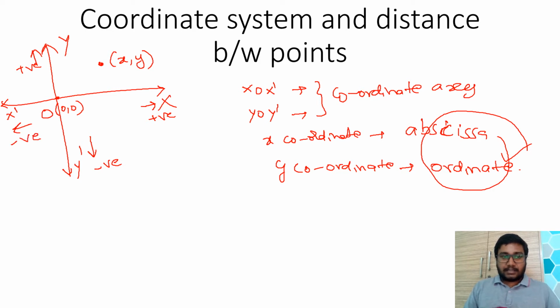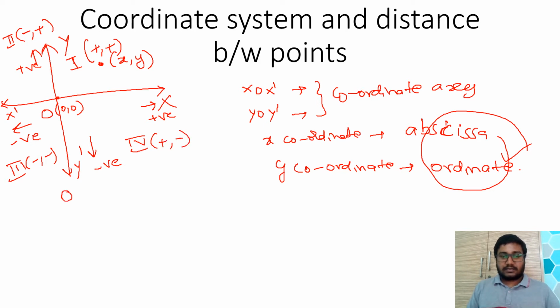So the points in this coordinate system lie in four quadrants. In the first quadrant, x will be positive and y will be positive. Both coordinates will be positive in the first quadrant. In the second quadrant, x will be negative and y will be positive. In the third quadrant, both will be negative. In the fourth quadrant, x will be positive and y will be negative.